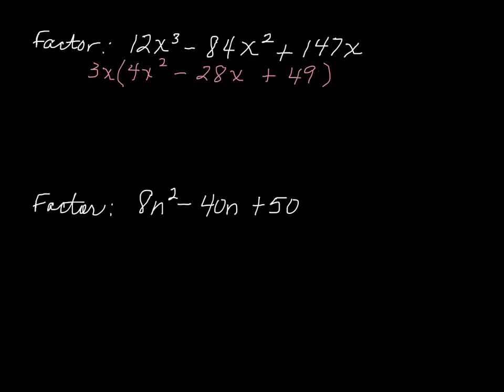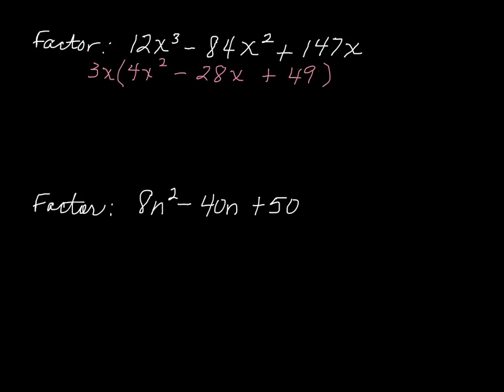Now we have the 3x, but now the trinomial looks like it may be a perfect square, because 4x squared is a square term, 49 is a square term. But you have to look at 4x squared as 2x, because that's what you square to get it.